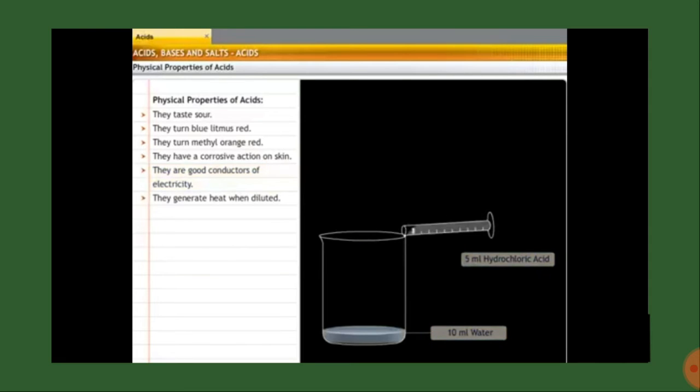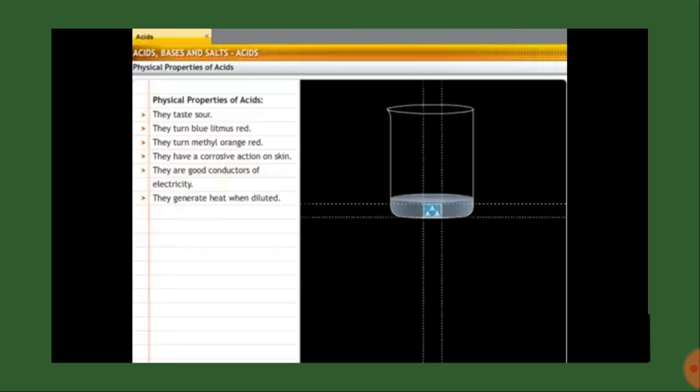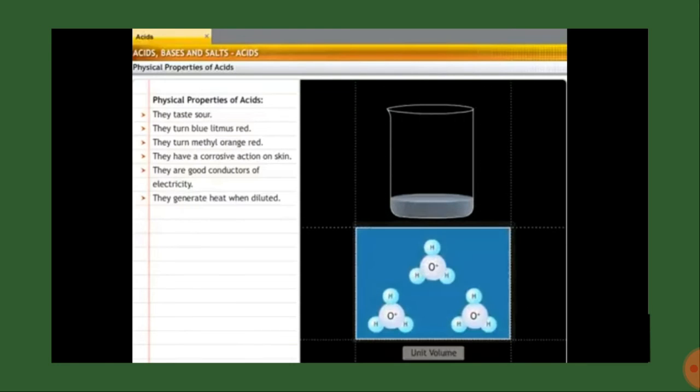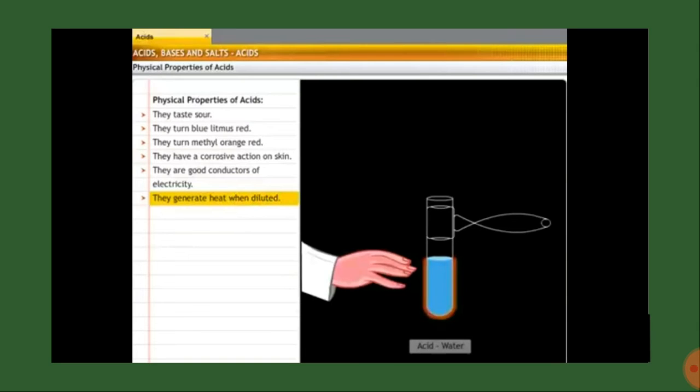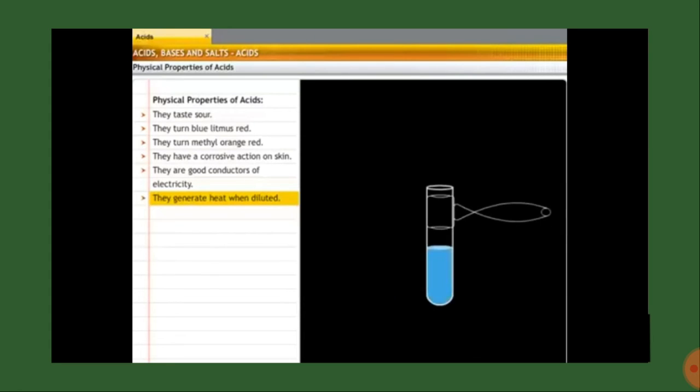If acids are mixed with water, it will reduce the concentration of hydronium ions of the acid per unit volume, and the process is known as dilution of acids. Acids will generate heat when they are diluted. This is because the reaction of acids with water is exothermic.